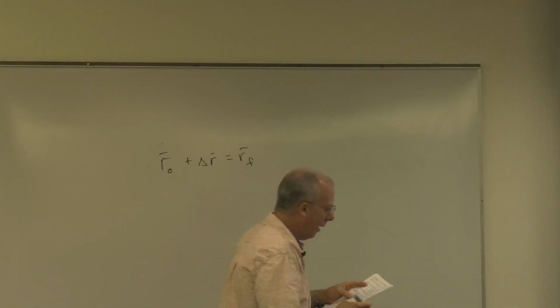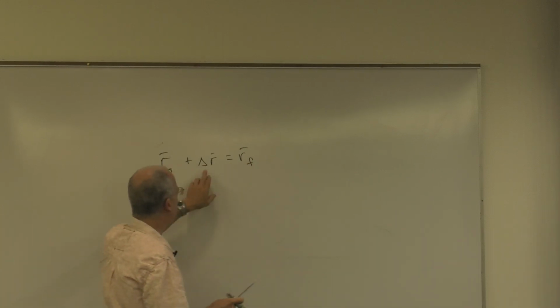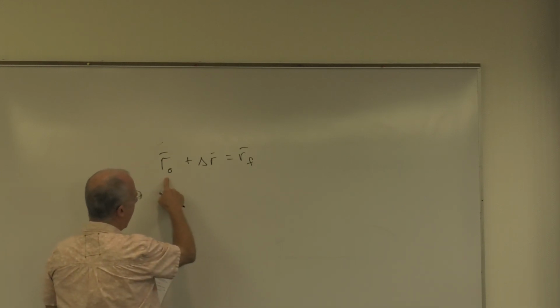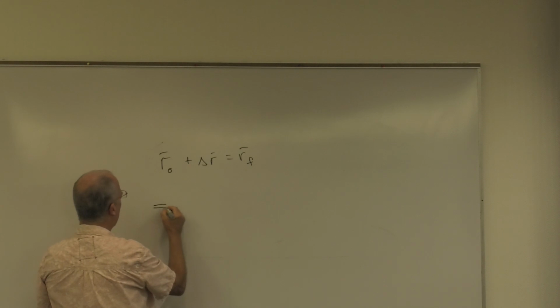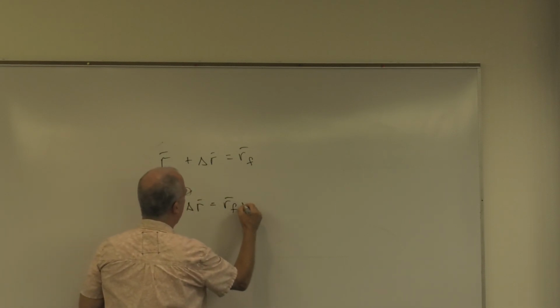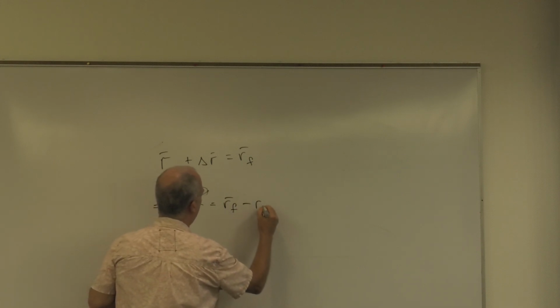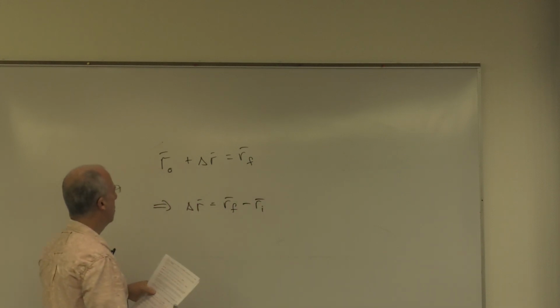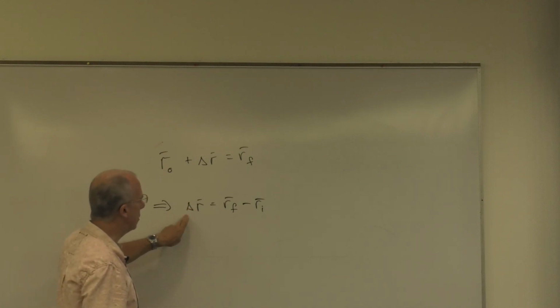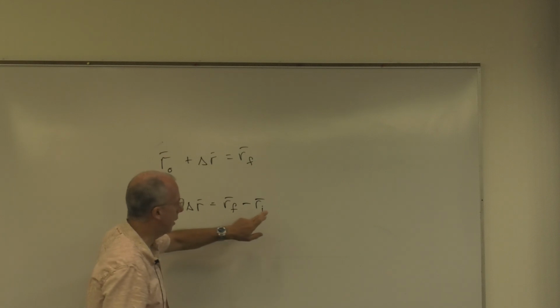All right. Now, generally speaking, what we really care about is the displacement. So let's solve for it. You subtract that from both sides. So therefore, you get the displacement is equal to R final minus R initial. So again, the displacement is the change. The change in position is the final position minus the initial position.